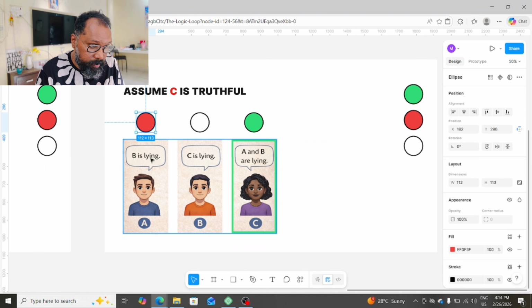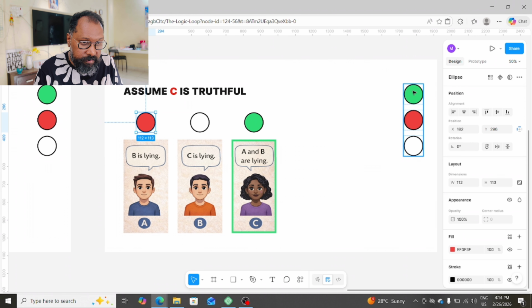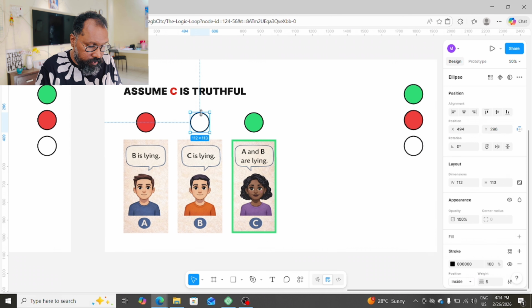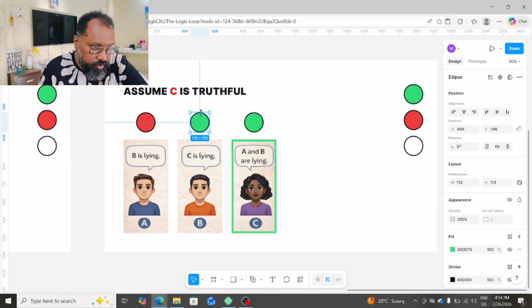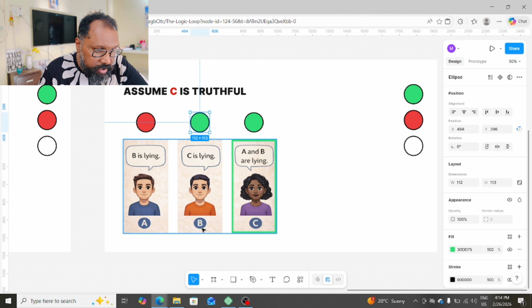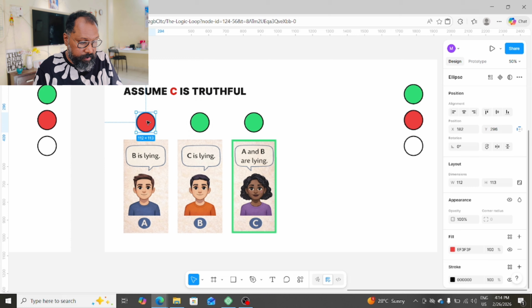So which means that B is telling the truth. Now if you make B a truthful guy, what happens is that C is already saying that B is lying, because C's statement is A and B are lying. So which means B is a liar.